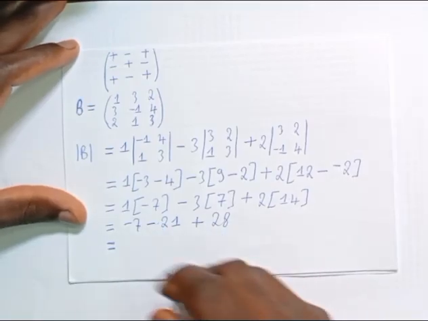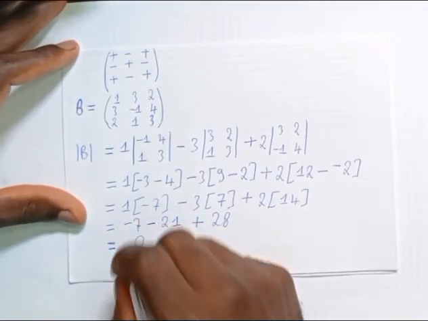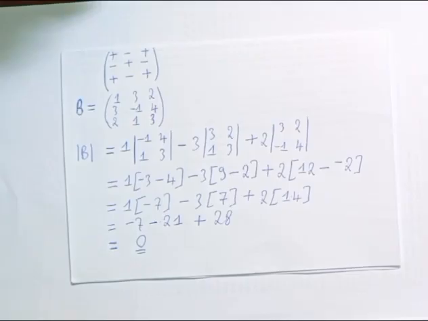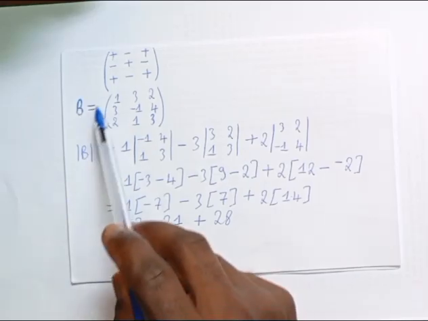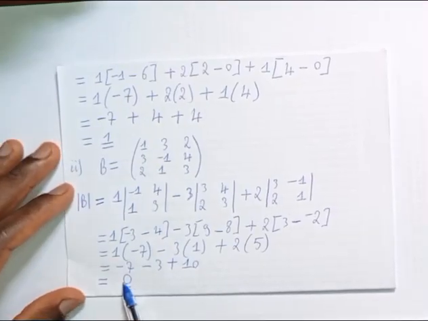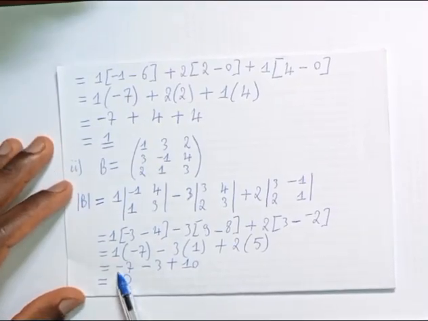Negative 28 plus 28 gives us 0. You can see the determinant is the same as for the first case, which we calculated the cofactors by making use of the first row. You can see the results, they are the same, 0, 0.